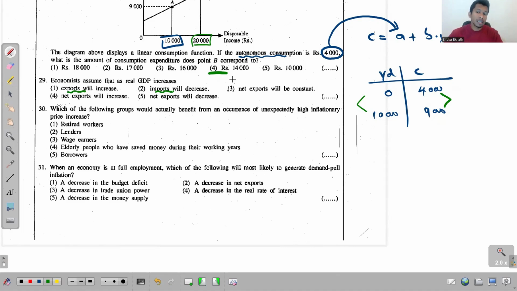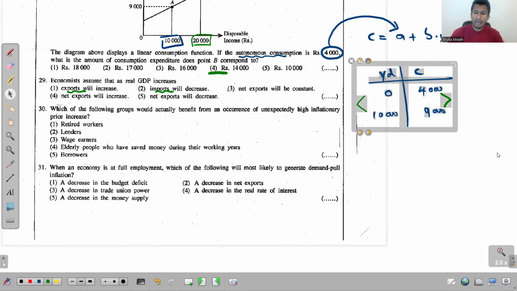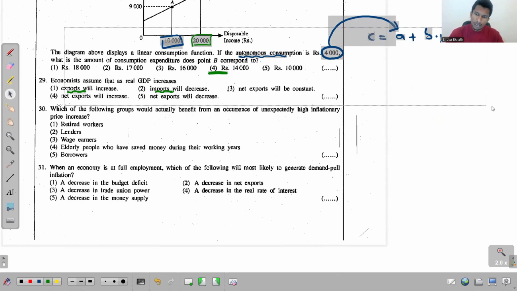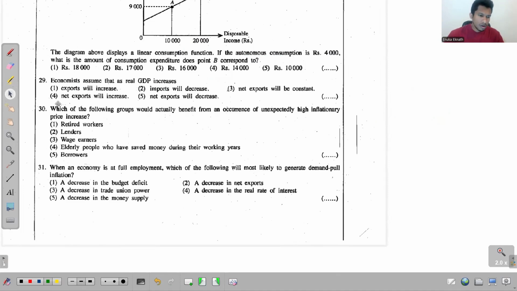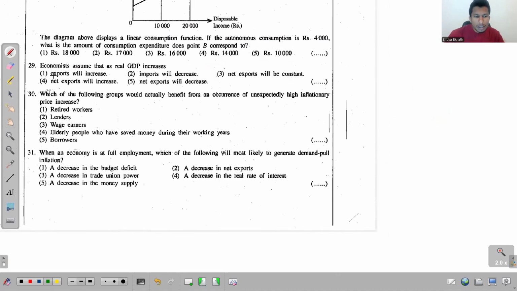So we need to first recognize that. All right, so if you just look at the exports first, in this equation, we write Y equals E, and then we write E equals C plus I plus G plus NX.